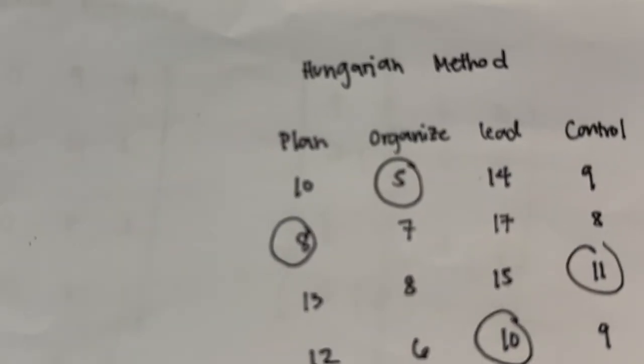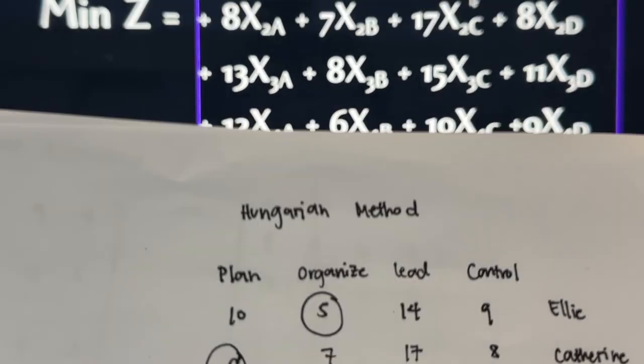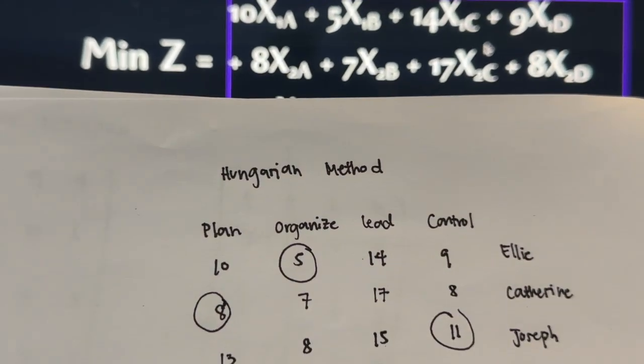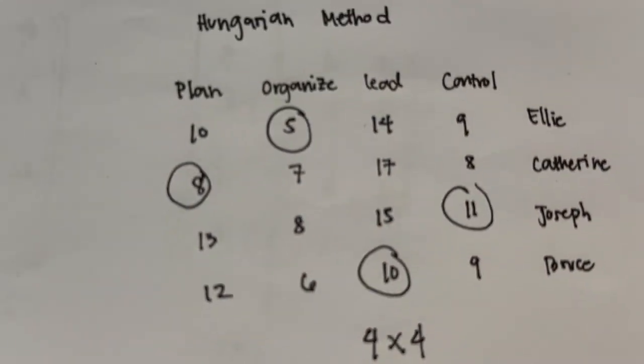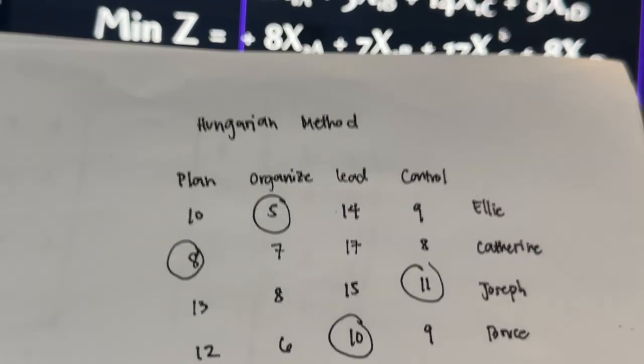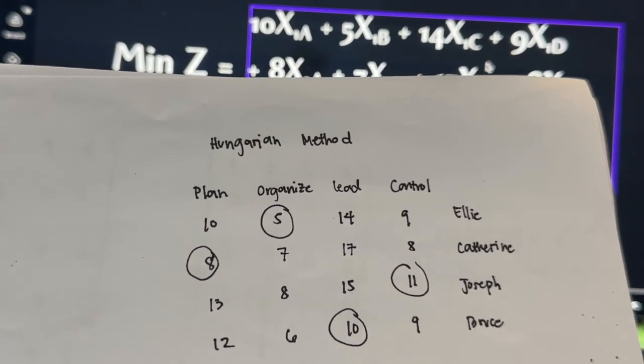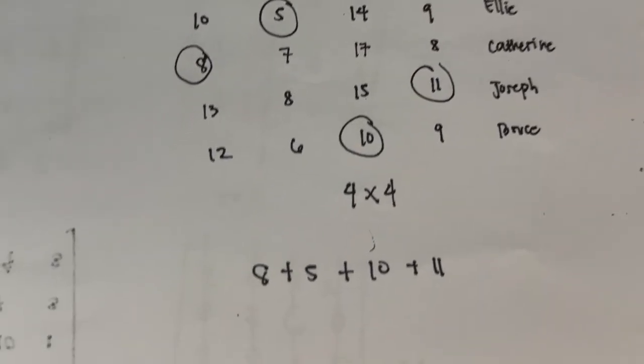You notice that since we didn't choose 10 for Ellie, Ellie can't do the 10 hours of planning, so it's going to be 0. So the values that are not encircled over here, their coefficients, the x value will be 0, so they'll be canceled out. You'll just be left with 5x1b over here, which is essentially just 5 times 1 because x is 1. So here you have 8 plus 5 plus 10 plus 11.